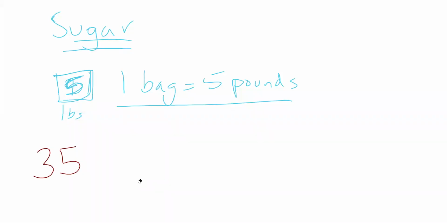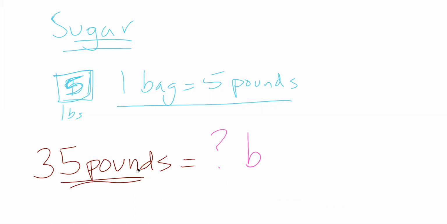I don't know what you're making, but whatever, this is going to be fun. So if you need 35 pounds of sugar, how many bags are you going to need? Sorry, I don't know why I'm getting such a kick out of this. Only because it's ridiculous that someone had to go to the store and buy 35 pounds of sugar. So how many bags? All right.